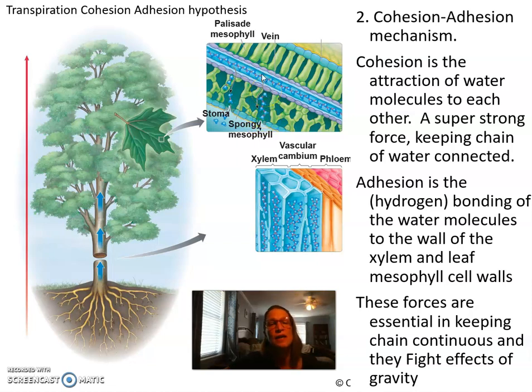You can also see that the water molecules are attached to one another within this xylem in the vein of the leaf, but they're also attaching and bonding to the edges of the xylem.